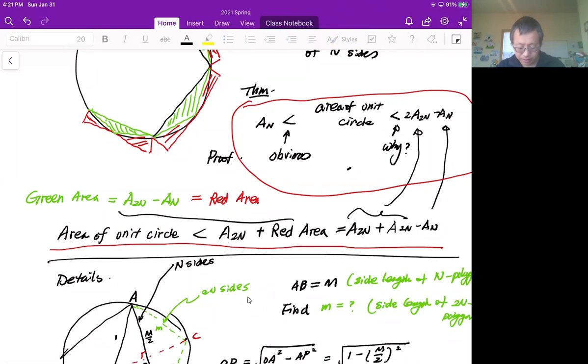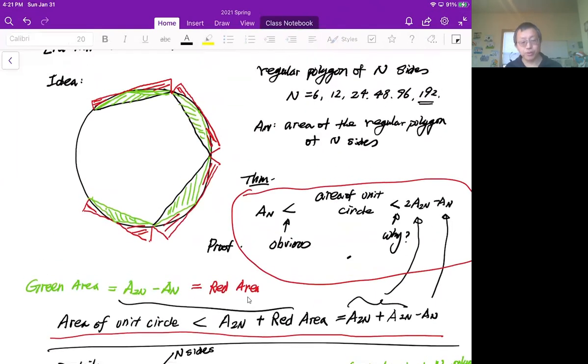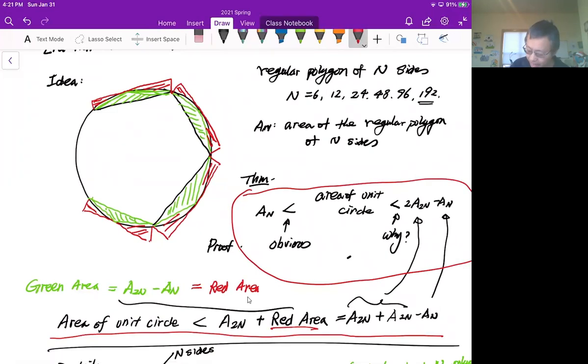Certainly it's smaller than A_2n, the area of the regular polygon of 2n sides, plus the red area, so that covers the entire circle. And the red area is just the same as the green one. Putting those together, we get this bound. This is very smart.